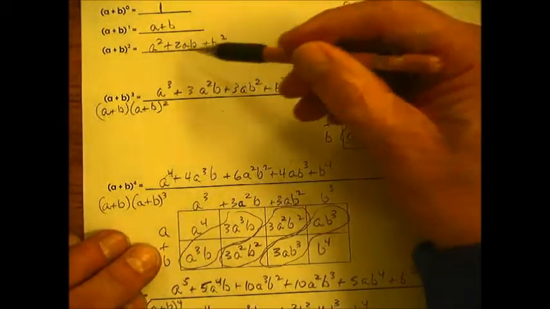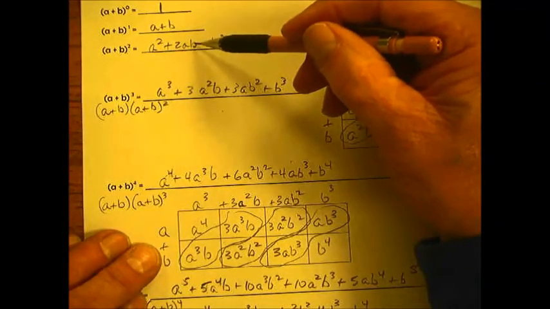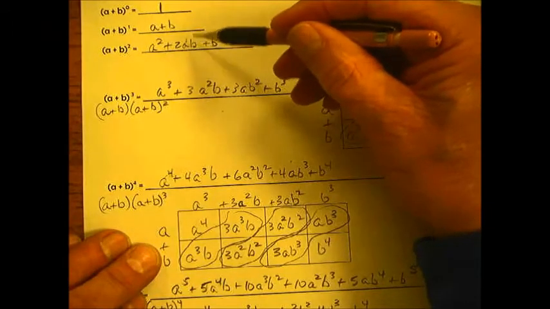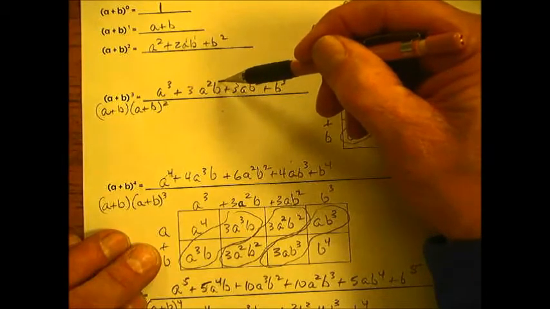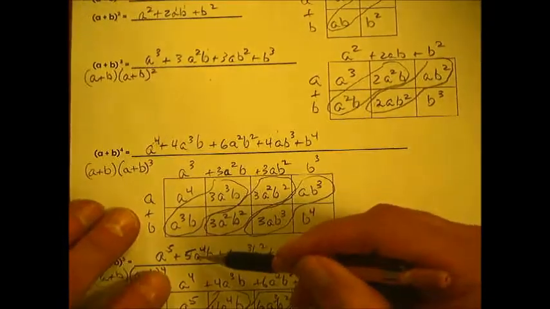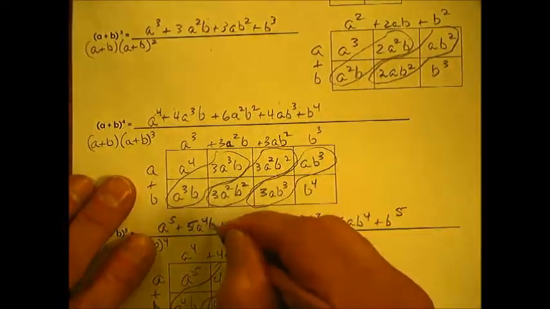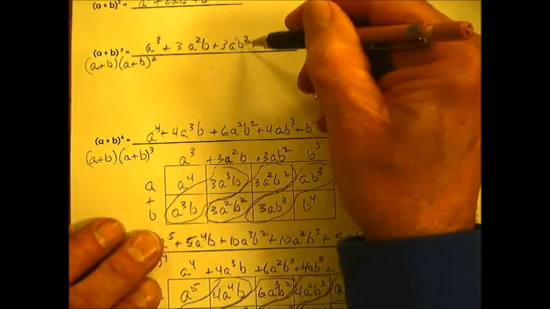How about the things in between here? The second term here is ab, and this is a to the 1 and b to the 1. This is a squared and b to the 1. This is a cubed b to the 1. This is a to the 4th b to the 1. Third term is a to the 1 b squared.